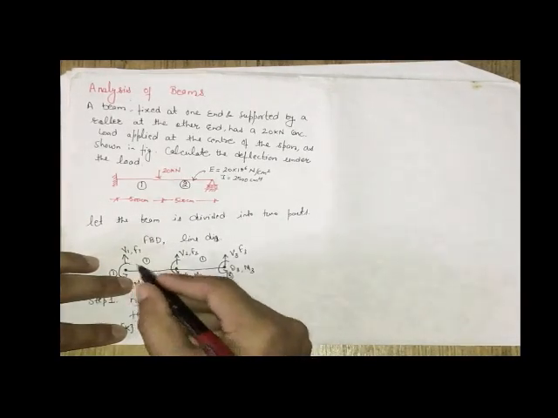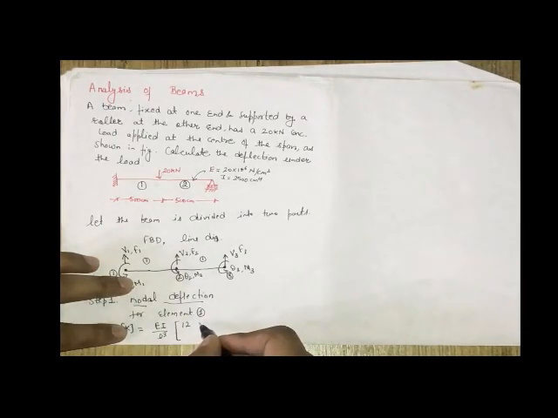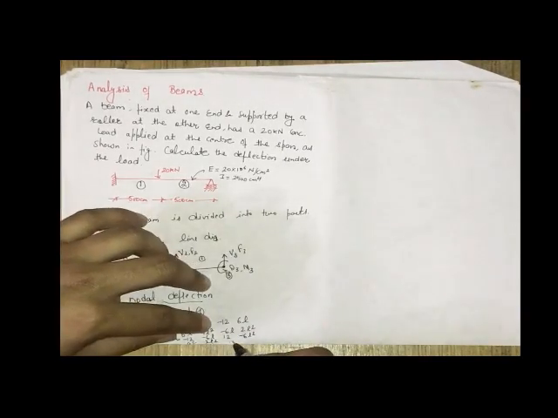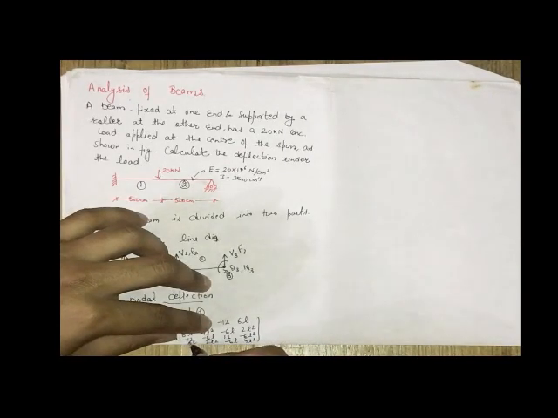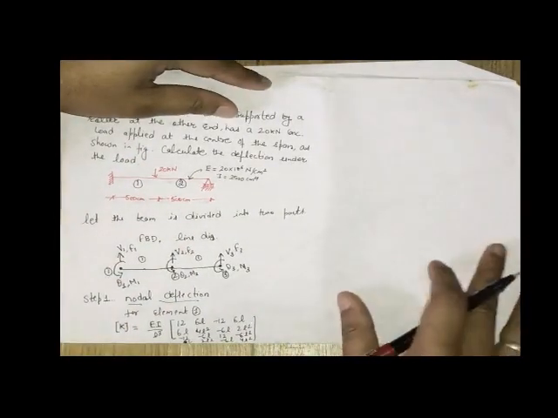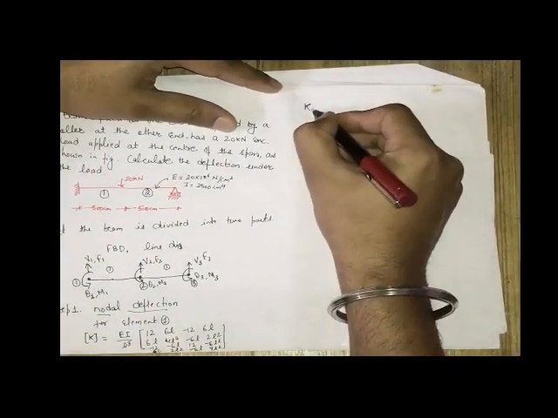It is a 4 by 4 matrix: 12, 6L, minus 12, 6L; 6L, 4L square, minus 6L, 2L square; minus 12, minus 6L, 12, minus 6L; 6L, 2L square, minus 6L, 4L square. We are calculating here for element 1.